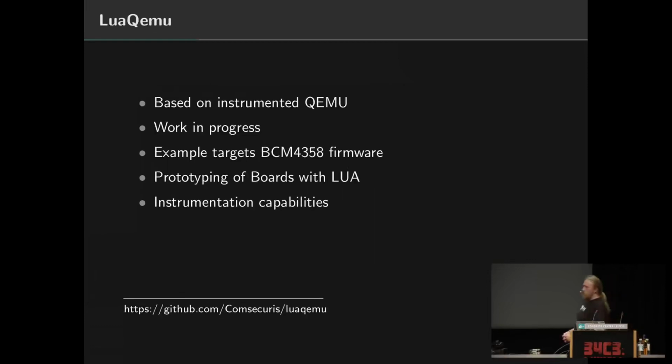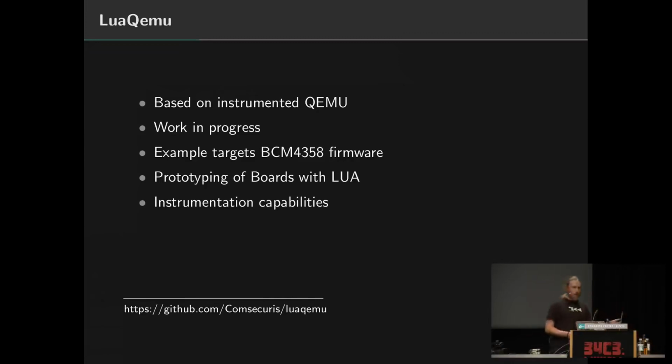Another interesting project which was released this year is Lua QEMU, which, as the name kind of suggests, is also based on QEMU. It is considered work in progress, and the example released together with the tool was targeting BCM4358 chips firmware.